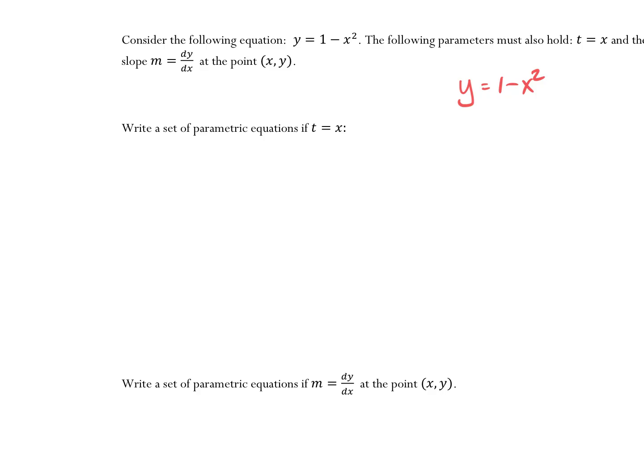If I'm asking you to let t be the parameter that we care about, time, and I'm telling you that t equals x is your first parameter, and our parametric equations look like, if t is equal to x, what's my x equation? X equals t, great. The y one would be 1 minus t squared, and you're done. That's it.